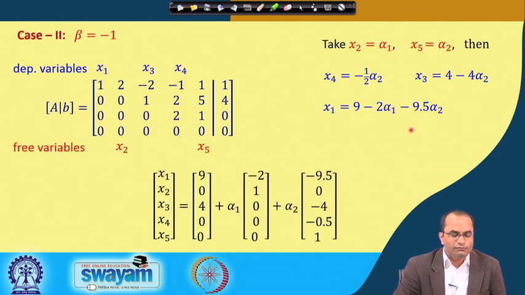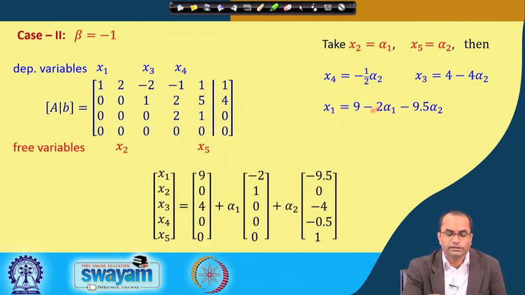In the vector form we can place them. So, x1, x2, x3, x4, the constant from each. From x1 we have 9 as constant, from x2 it was alpha 1 only, so there is nothing constant. From x3 we have 4 as constant, and from x4 there is nothing exactly, and from x5 also we do not have anything to take as a constant, and then there is alpha 1 and the rest.